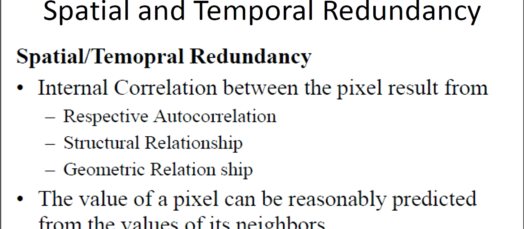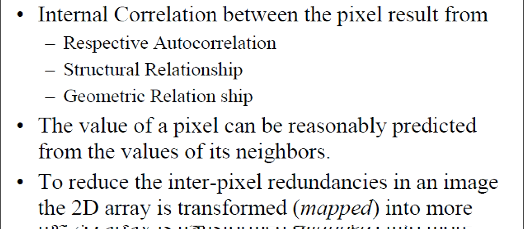Then spatial or temporal redundancy. The internal correlation between pixels results from autocorrelation, structural relationship, and geometric relationship. The value of a pixel can be reasonably predicted from the value of its neighbors.